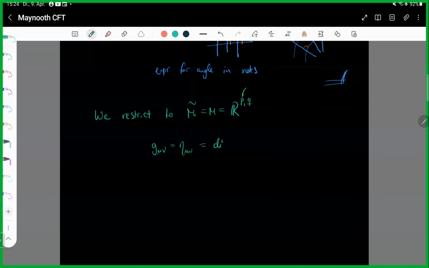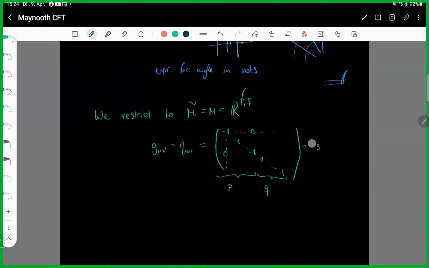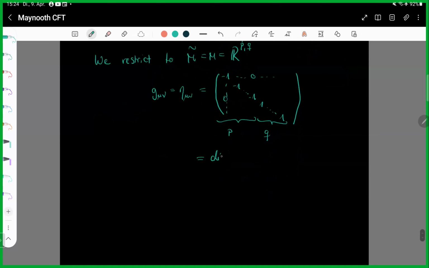That means the metric is the diagonal of -1, ..., -1, 1, ..., 1, where there are p times -1 and q times 1.